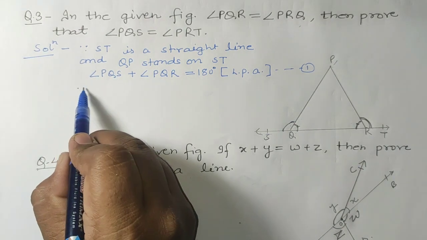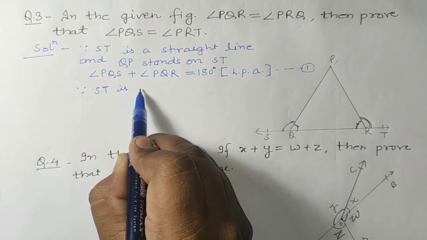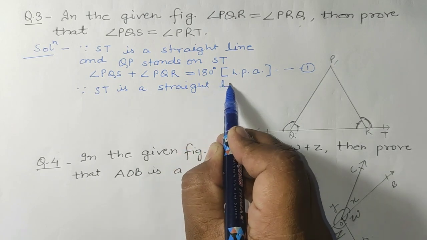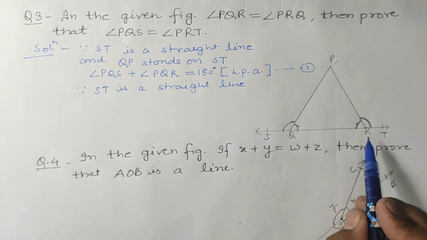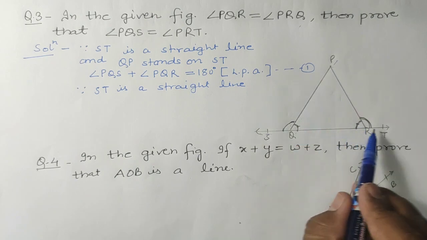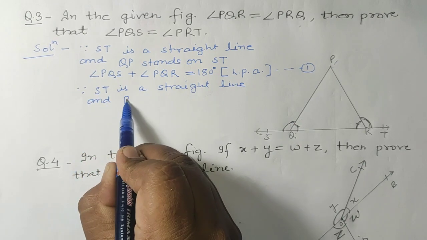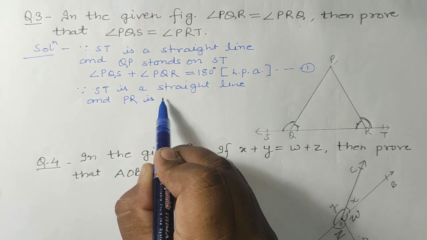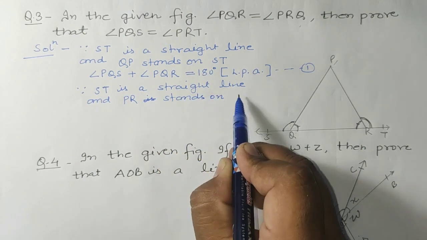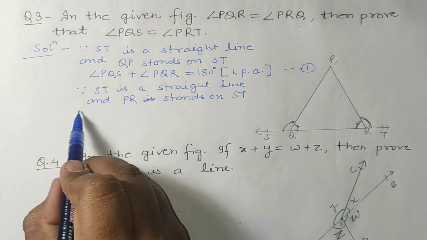Again we can say, students, that since ST is a straight line, PR is also a ray which is standing on this straight line. PR stands on ST. Then what can we conclude?